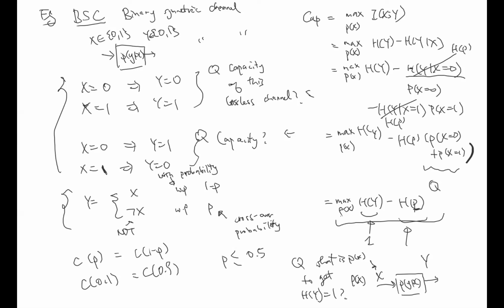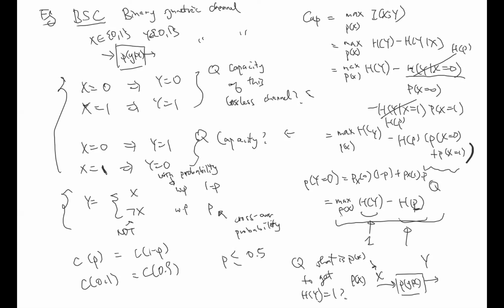When you have uniform, what's p(y) equal to? The probability y equal to 0 is p(x=0), when x is equal to 0 and then it's not going to change, times 1 minus p, plus the probability of x equal to 1 times p.